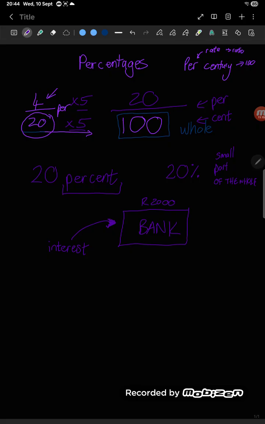And they say to me, well, the percentage of this whole that we're going to give you per year, let's pick a percentage. They're going to say, you're going to earn a per 100, a per something of this whole. And let's pick 5%.